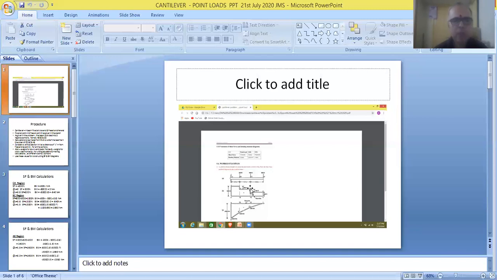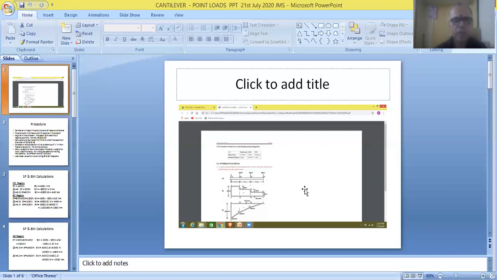Letters are used for indicating the points on the beam: letter A, letter B, letter C, and letter D. So this is point A, this is point B, this is point C, and here we have point D.